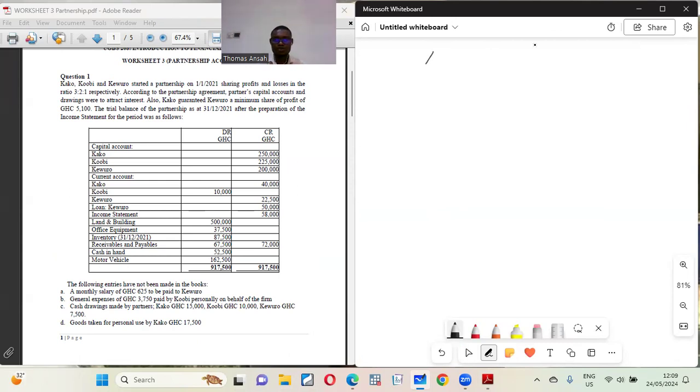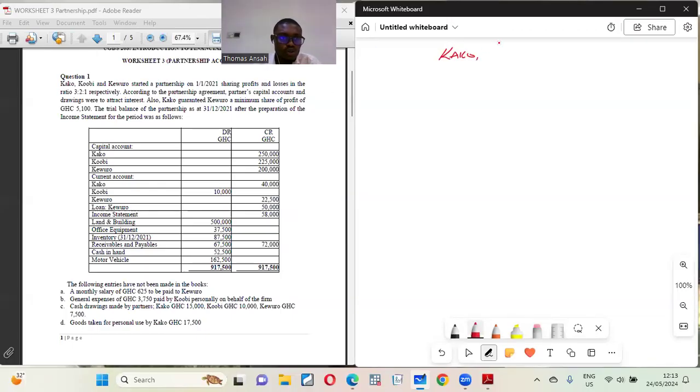So the next thing we need to do is to establish our partnership appropriation account for the year ended 31st December 2021. So that is what we have.